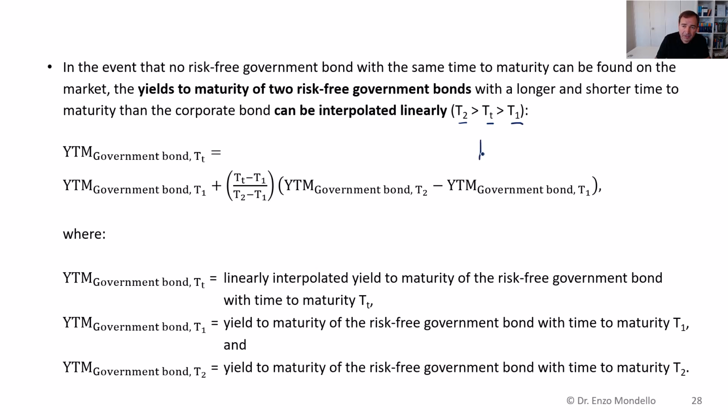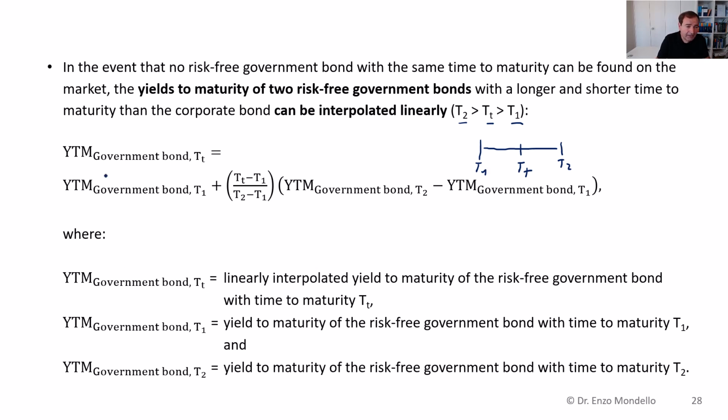If I visualize that with a timeline, here we have T2, the longer maturity of the risk-free government bond. TT is the time to maturity of the corporate bond, and T1 is the time to maturity of the risk-free government bond with a shorter maturity.